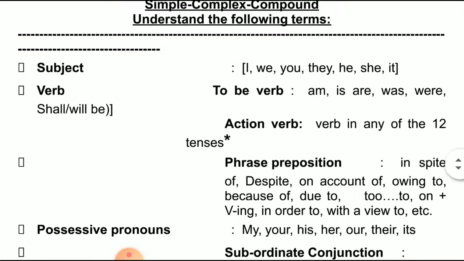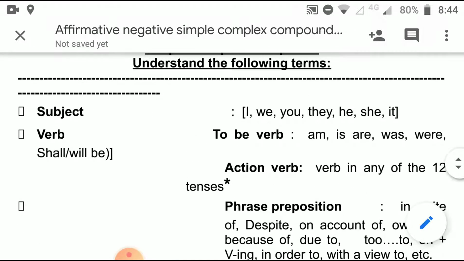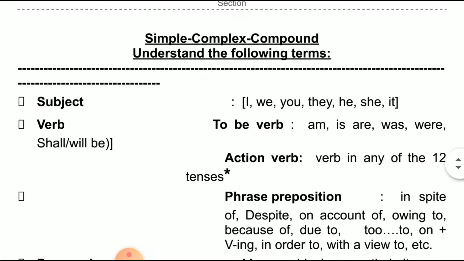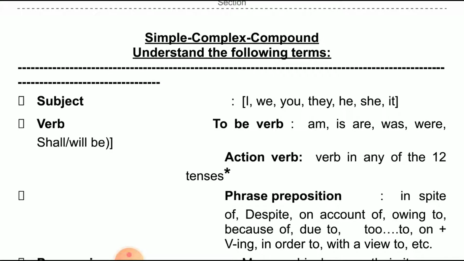As we know, if you are asked to change a simple sentence into a complex sentence, then the first thing that you should know is what a simple sentence consists of, what a compound sentence consists of, and what a complex sentence consists of.